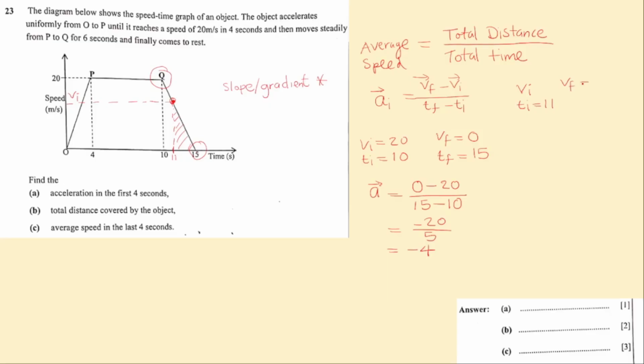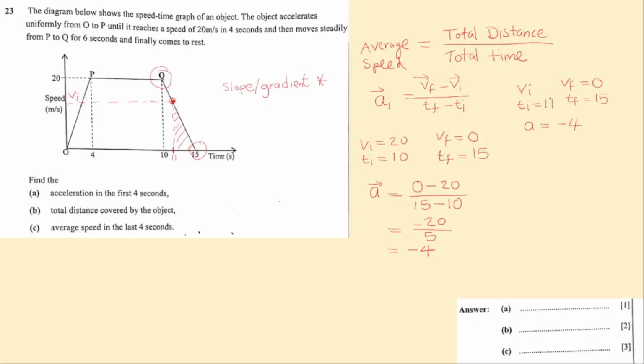Then we're going to get the final velocity, which is at this point. The final velocity is 0, and we are going to get the final time, which is 15. We already know what acceleration is. The acceleration is the gradient of this line, which is negative 4.